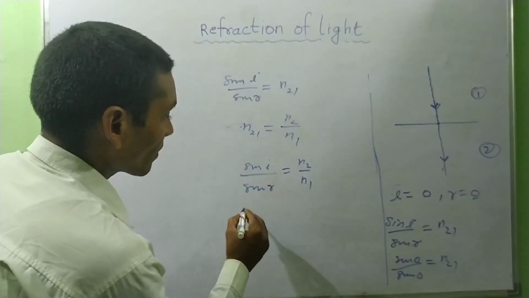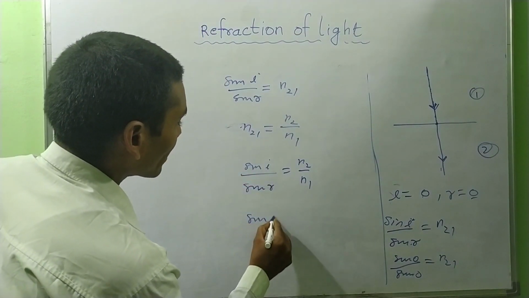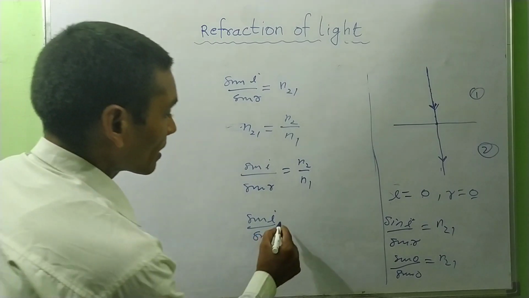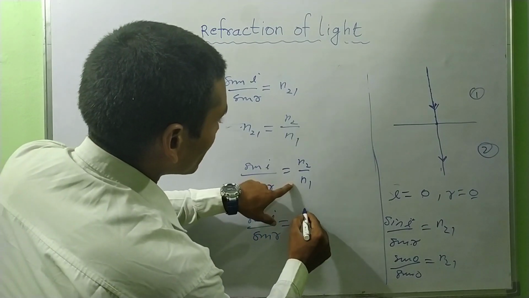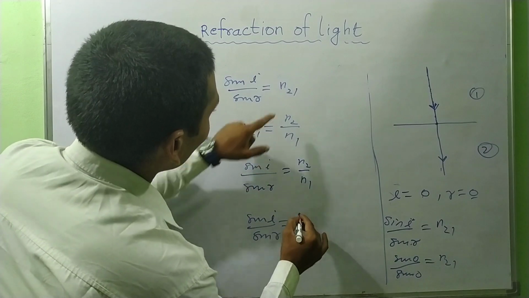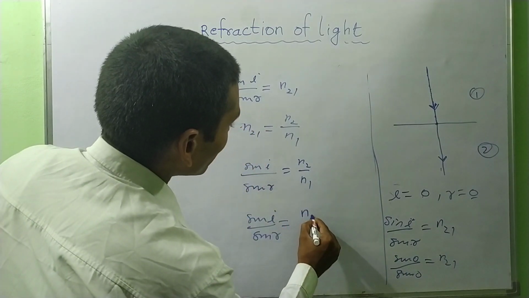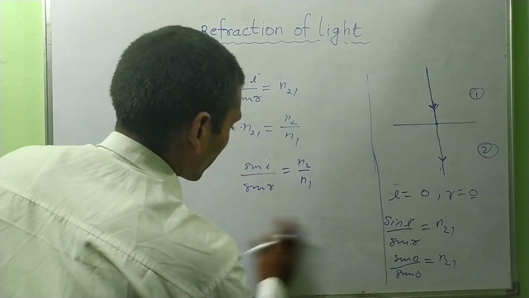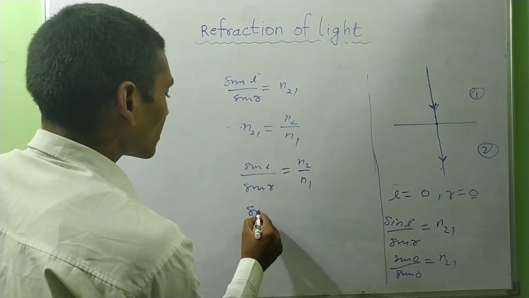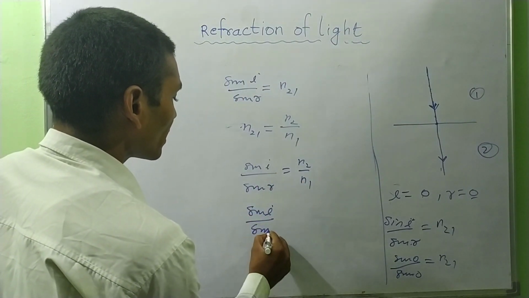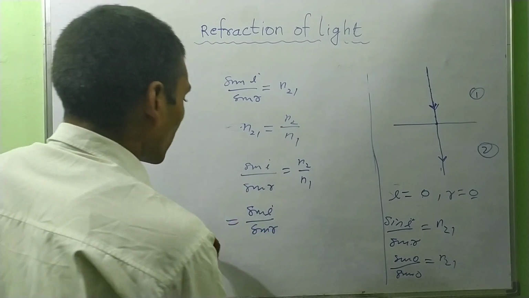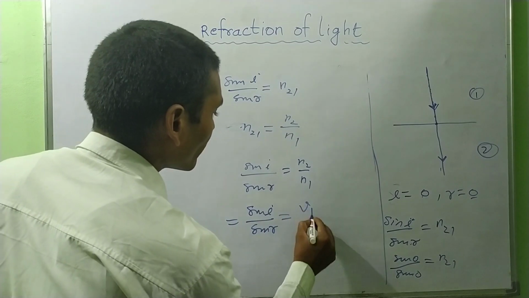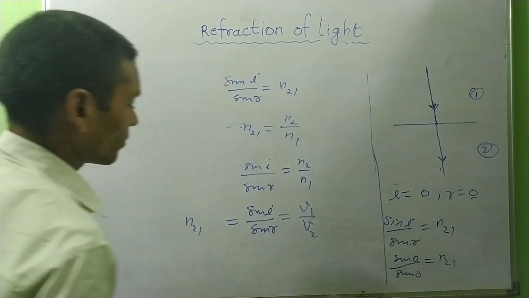And another formula we know: n21 equals V1 upon V2.